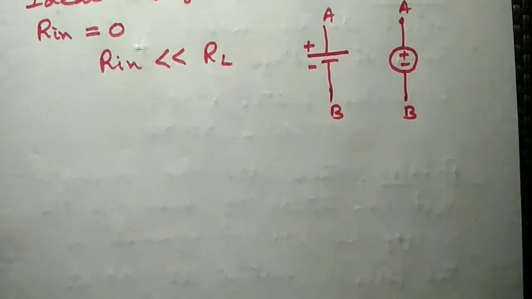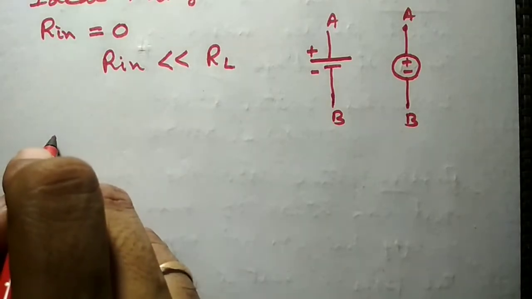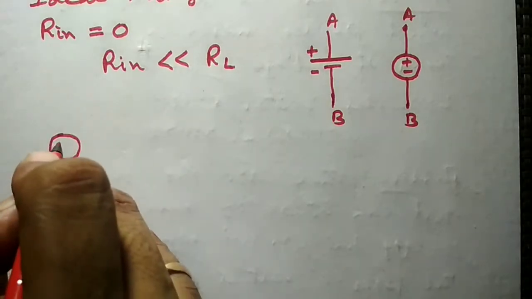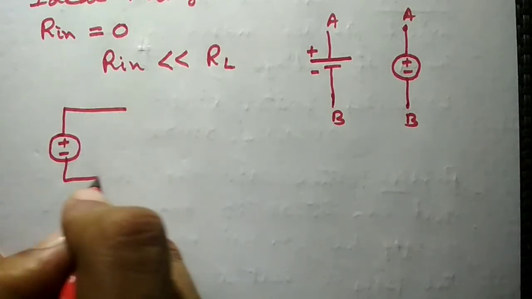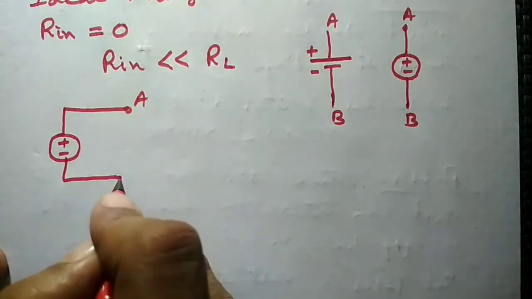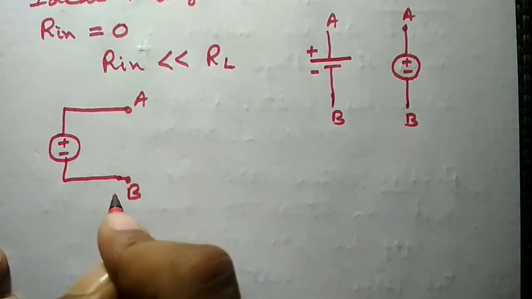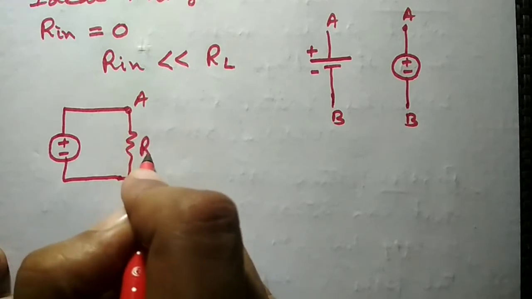The circuit diagram of the ideal voltage source and the corresponding characteristics can be shown. Suppose we apply an ideal voltage source, this is a load terminal A and B, and some load resistance is connected here.